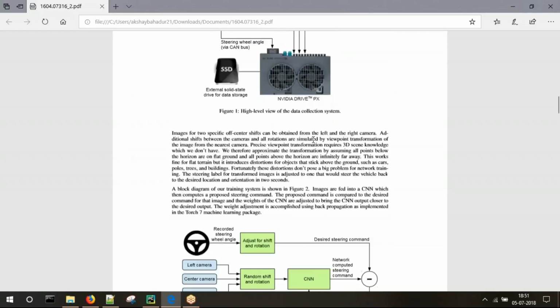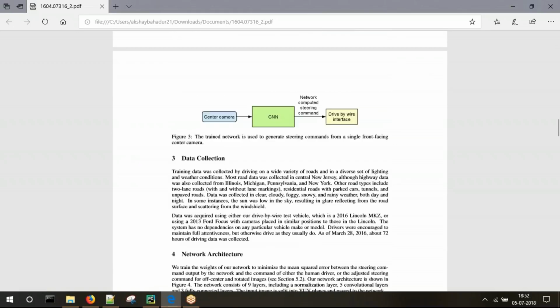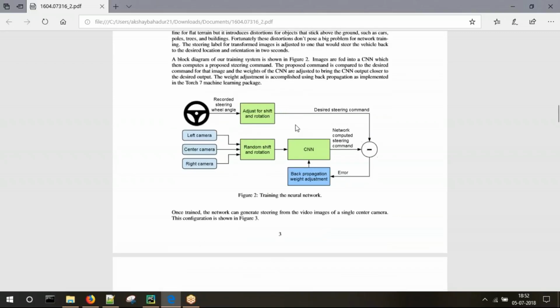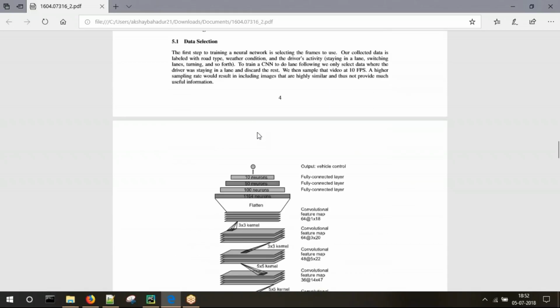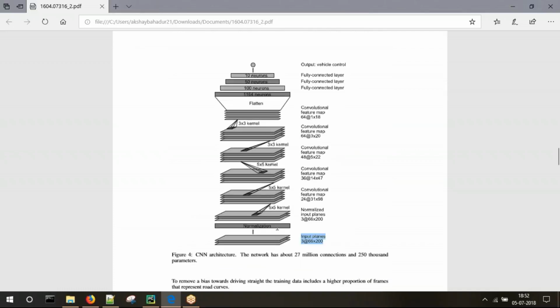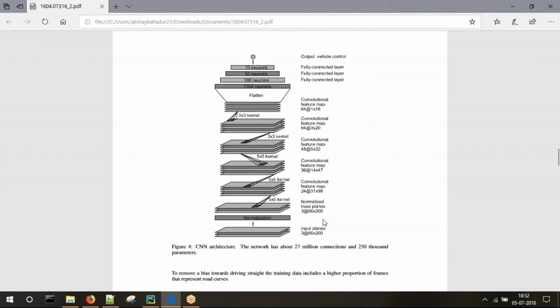Mostly they cover all the basic details of how exactly they have worked on it. What they are doing is they have a CNN with back propagation to adjust weights, and according to the weights, the steering angle is generated. They have also mentioned the convolution filters that they have used.